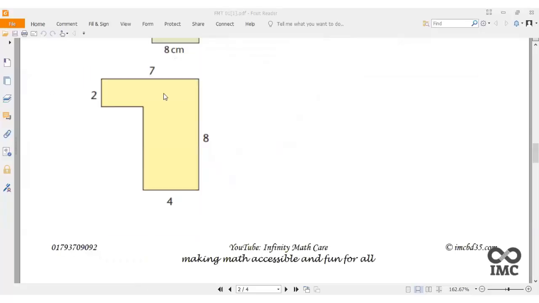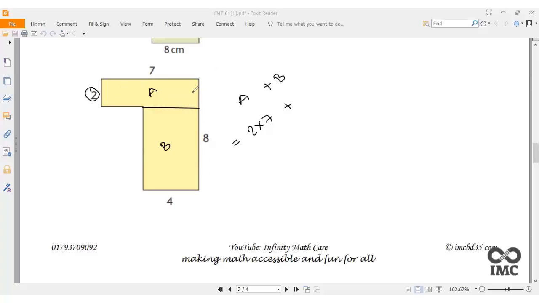Now next one. Here we can split this one into two parts again in the previous way. So we can say that this one is A part, this one is B part. So here area of A plus area of B. What is the area of A? Very simple, 2 into 7, 2 multiplied by 7. What is the area of B? Here, look, the whole length is 8.